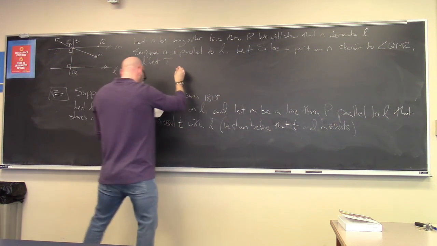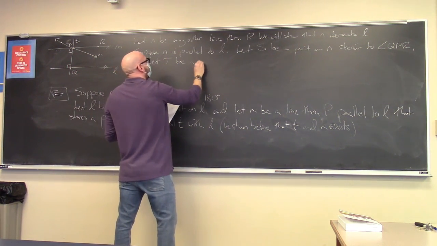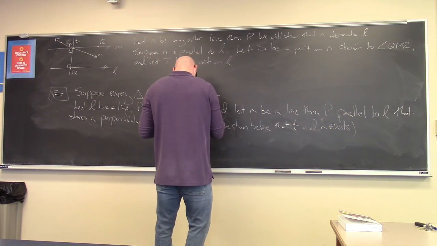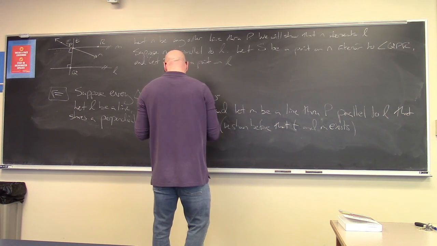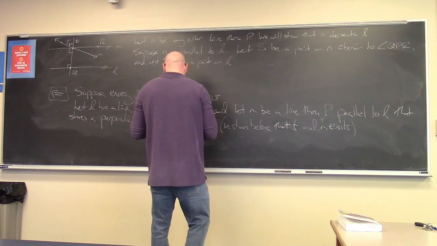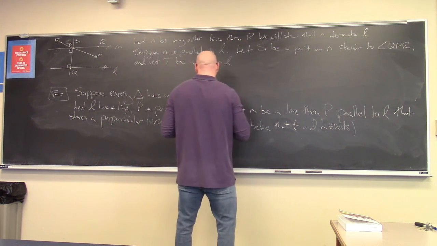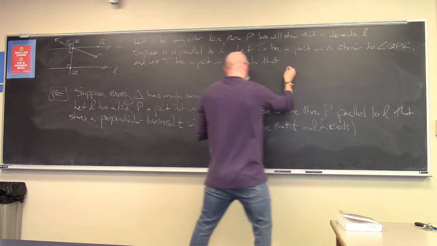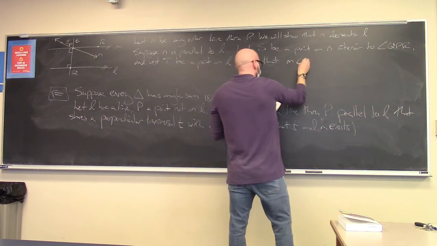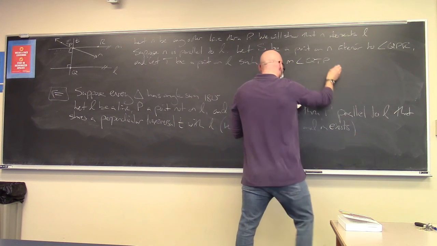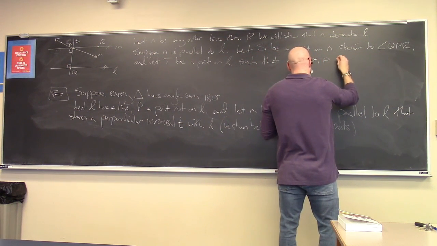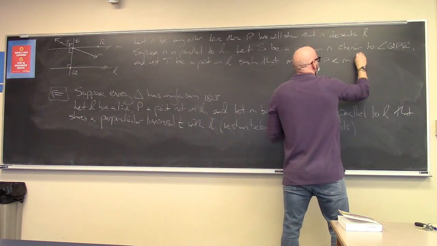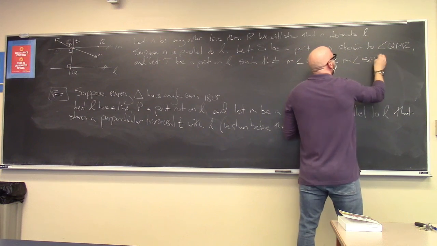And let T be a point on L such that measure of angle QTP is less than measure of angle SPR.